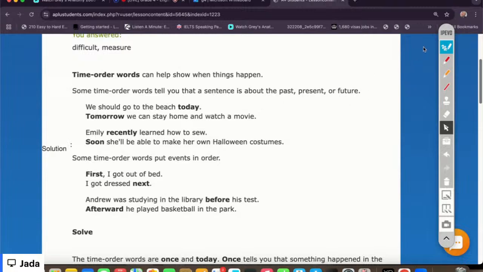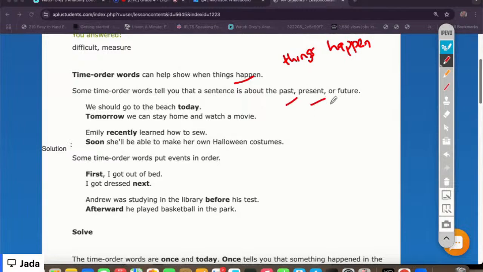Alright, time order words can help show when things happen. So it's important in letting you know that when things happen, this is the order in which it's happening. Sometimes order words tell you that a sentence is about the past, present, or future. We should go to the beach today.